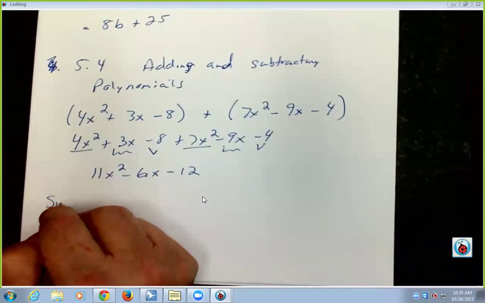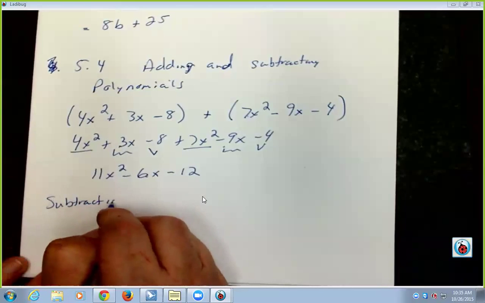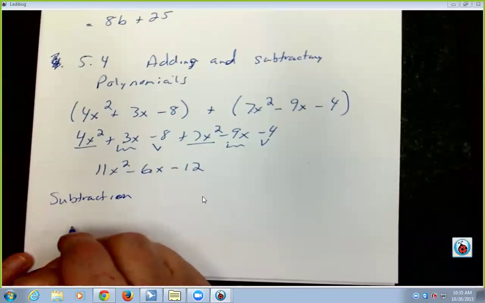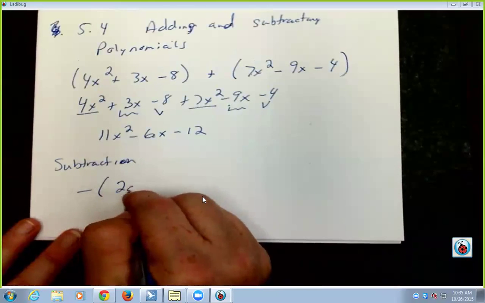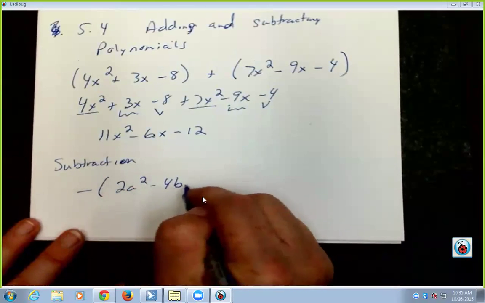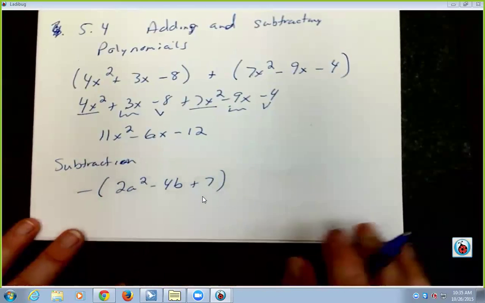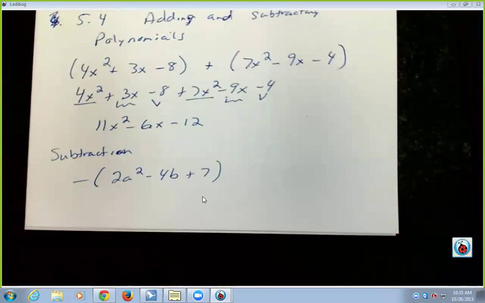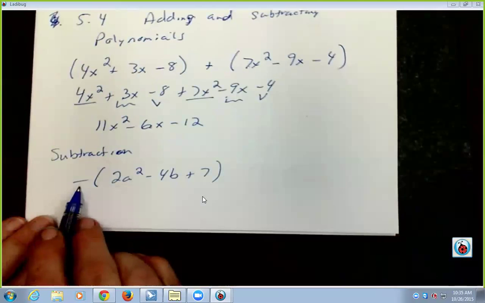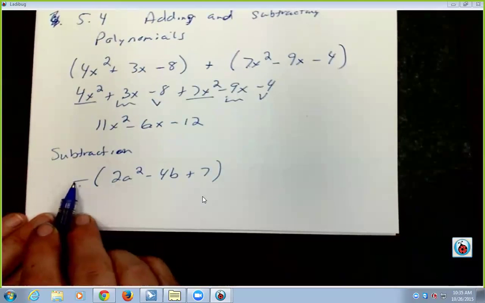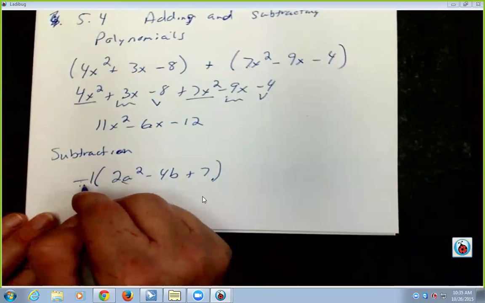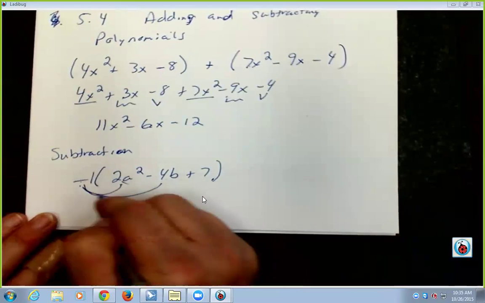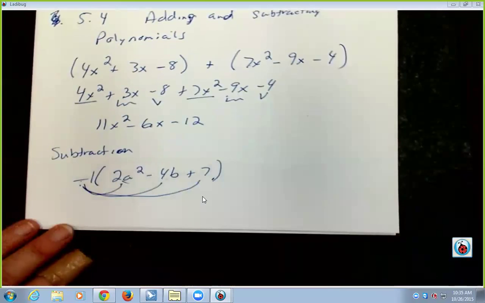In subtraction, if you had a negative out in front of 2a squared minus 4b plus 7, if we had this, for instance, this negative out in front of here would change every sign inside. So it's taking a negative 1 and timesing it by each piece that you happen to have.